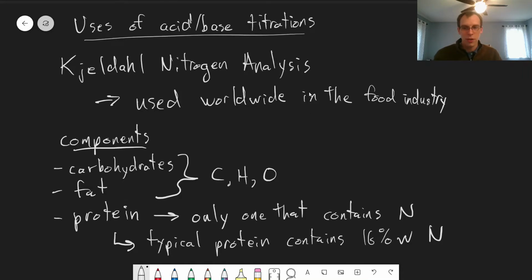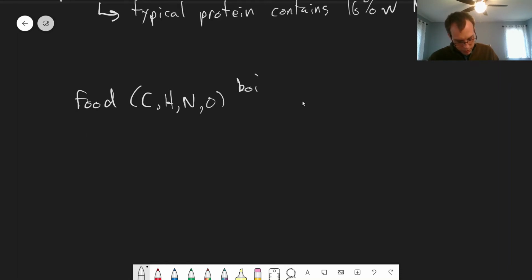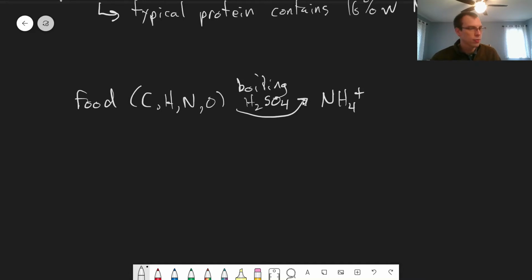And so how does this work? We take our food, or organic matter of whatever type we're looking at, that contains carbon, hydrogen, nitrogen, and oxygen as well, and you place it in boiling sulfuric acid. That's going to convert all of your nitrogen into ammonium, NH4+.